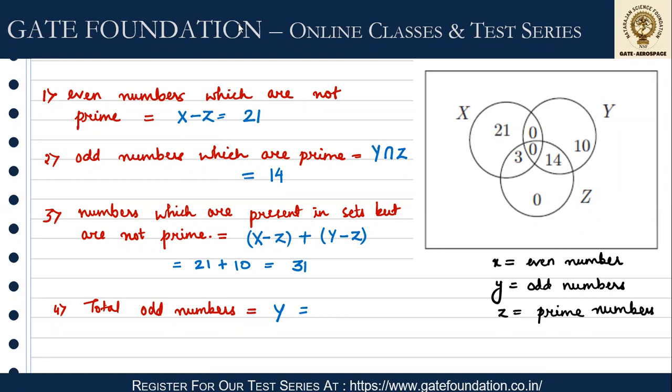So this will be a simple answer. Plus Z, I only need to find the odd numbers. So odd is Y set. Inside the Y set I will have 4 elements, two of them are zero. One will remain 14 and one will remain 10. That will become 20. Right. Simply this answer will come to me.